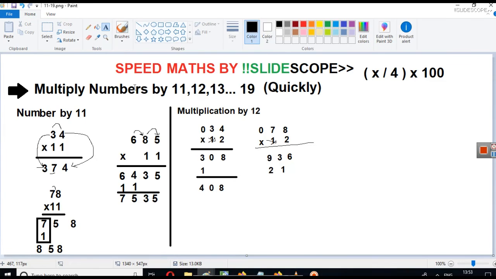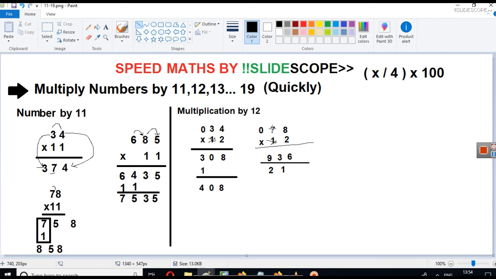So again, you just have to do some practice with it, and you can really calculate these things in a single line. See once again, 2 into 8 is 16, 1 is carried, keep that in mind. 7 into 2 is 14, 14 plus 8 is 22, 22 plus 1 is 23, so write 3.